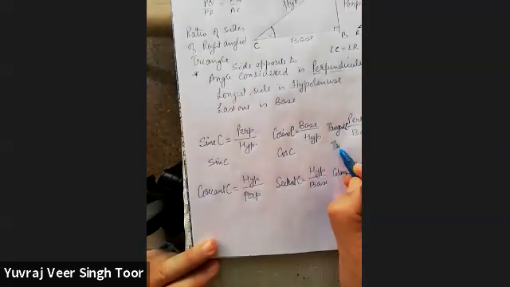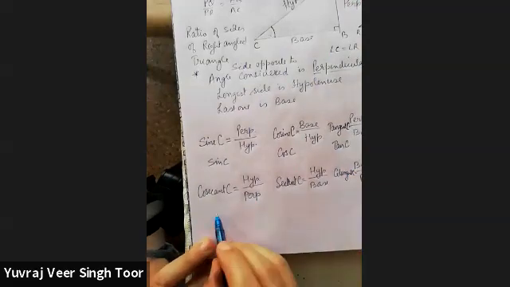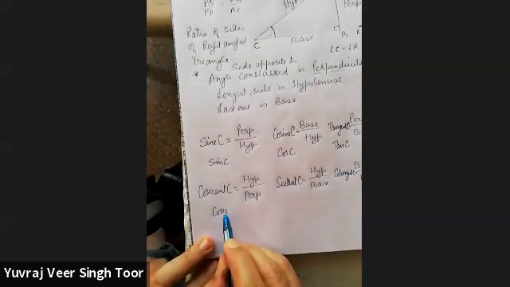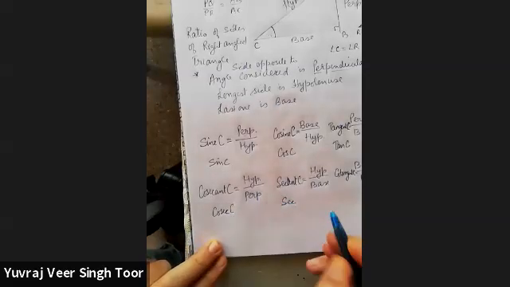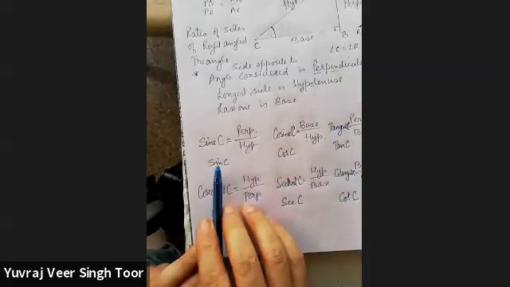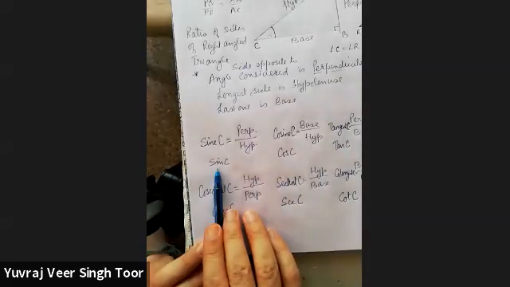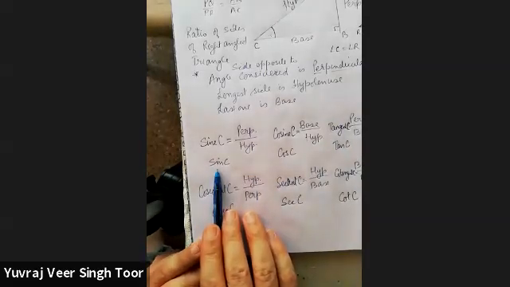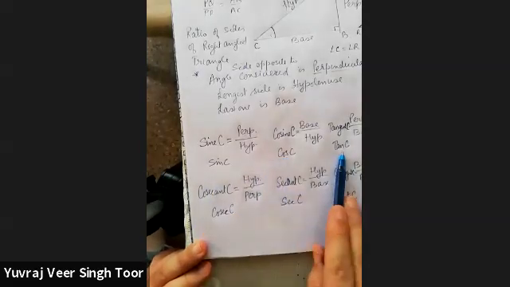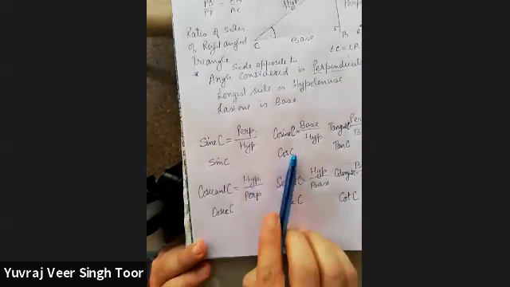This is tan of the angle, cosec of C, sec of the angle, and cot of the angle. So these are the abbreviations which you can use. But some people start writing just sin. Sin is nothing. Cos is nothing. Tan is nothing. Cosec itself is nothing. So you have to mention the angle with them.